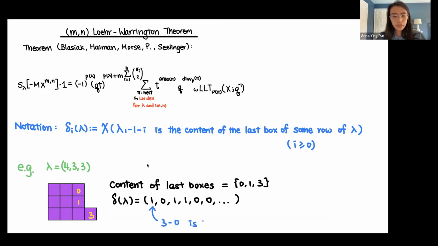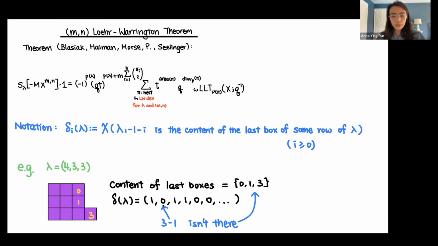Okay, so let's check. When i is 0, lambda 1 minus 1 minus 0 is 4 minus 1, so it's 3. 3 minus 0 is 3. So 3 is here. That's why I have a 1. And then when my i is 1, then 4 minus 1 is 2. 2 is not here.